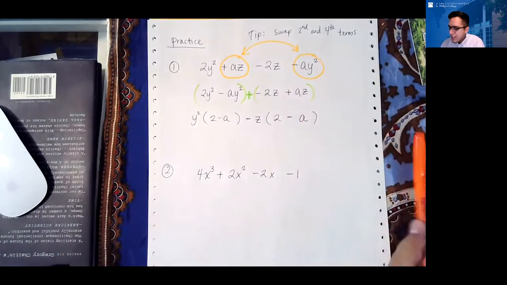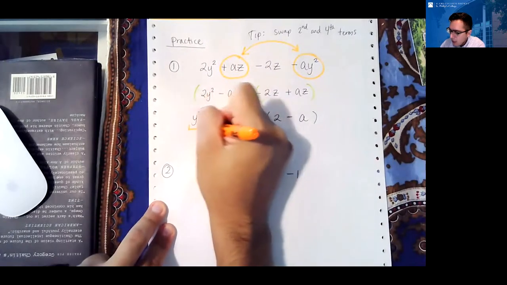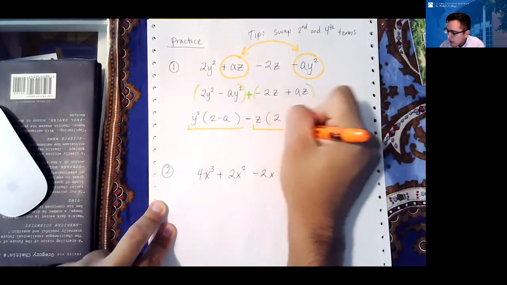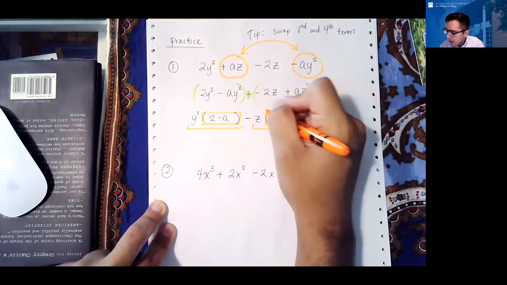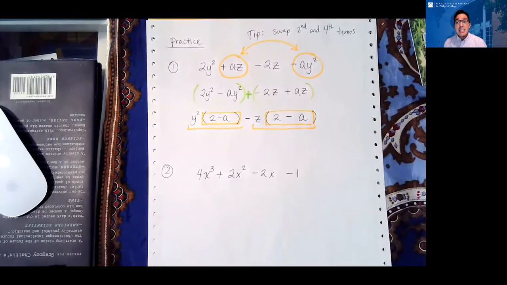So it turns out that the stuff in parentheses, the common factor between these two terms now, is 2 minus a. So it's the exact same. And you're absolutely right to have stopped there if you didn't match those. They have to match in order for you to proceed. If they didn't match, then you made some mistake when you factored out the first round of GCFs. So that's a good tip to self-regulate while you're going through the problem, right?